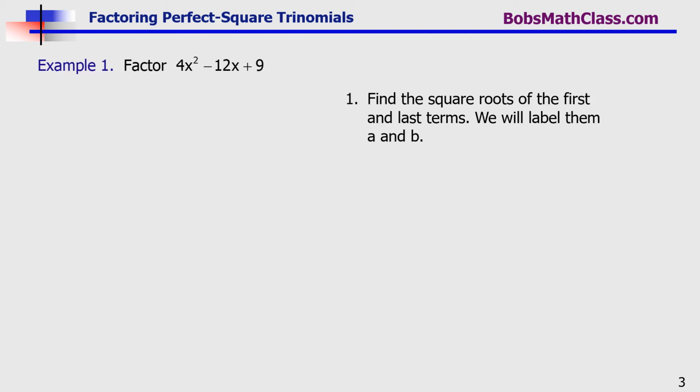So what's the square root of the first term? That would be 2x. I'm going to label them as a and b here, just to make it a little bit easier. You don't have to, but it might. How about our b? What's the square root of the last term? The last term is 9. The square root of 9 would be 3.